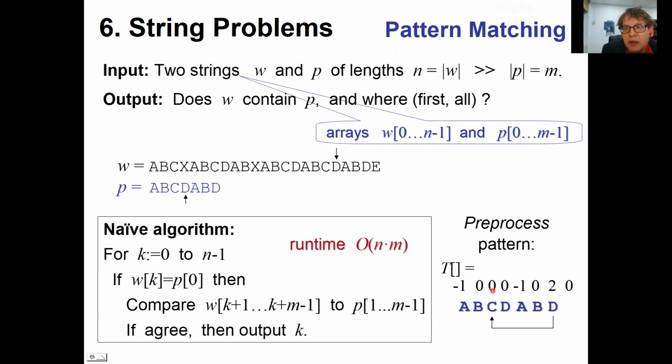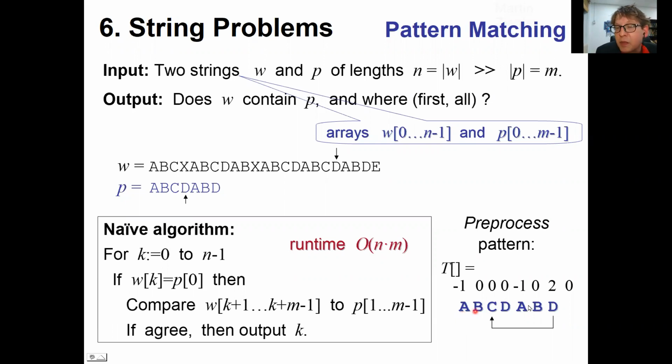Let me say that again. There will be 2 indices, one for the position in the search string, called K like here, and another index J for the position in the pattern. And when there's a partial agreement, A and B occur in the search string, but the next character is not a C, then keep the position in the search string K and reset the position in the pattern to see whether this third symbol, which is not a C, happens to be an A.